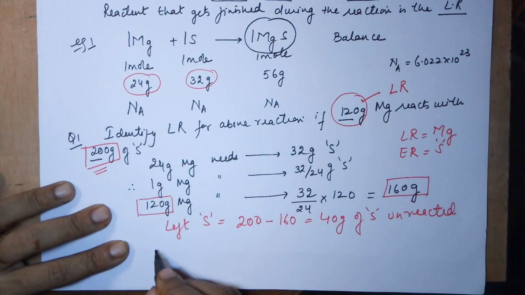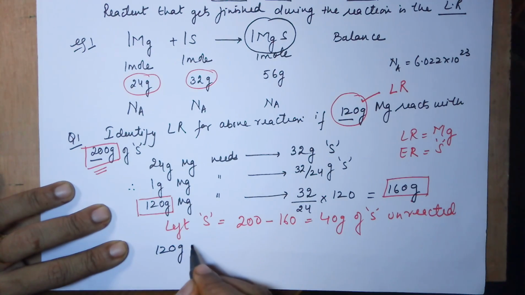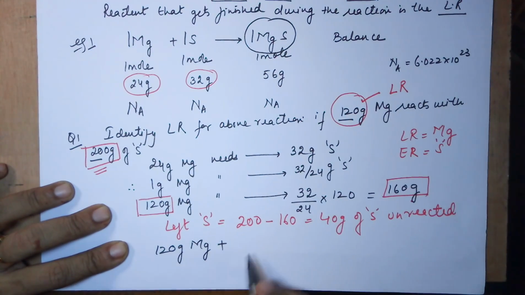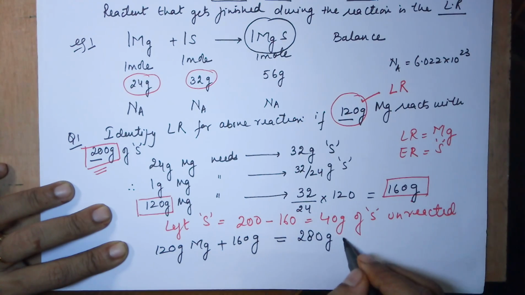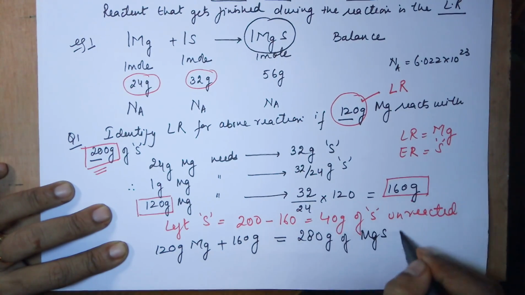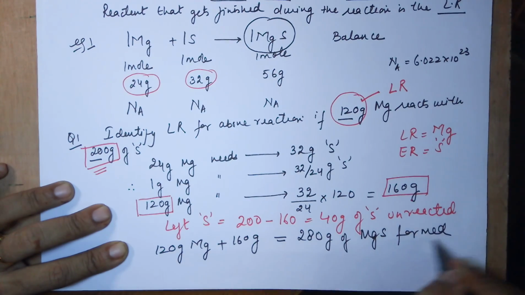You have 120 grams magnesium, out of which total amount is reacted, plus it reacts with 160 grams of sulfur. So your amount of magnesium sulfide would work out to be 280 grams of MgS is formed.